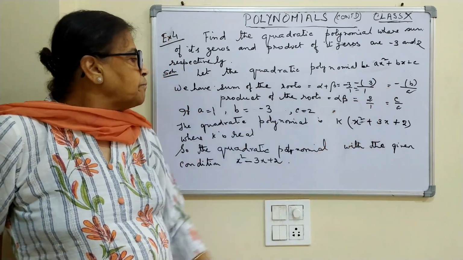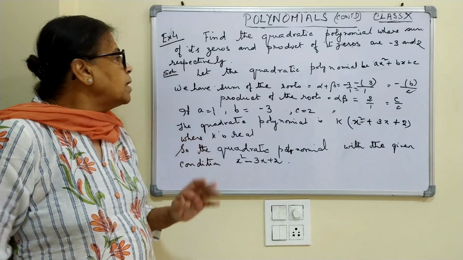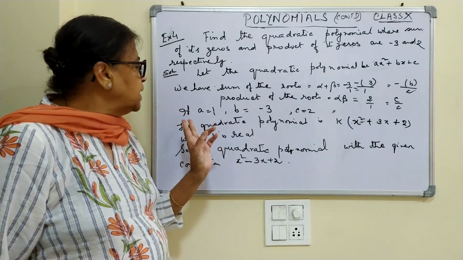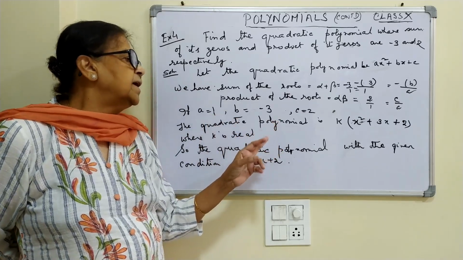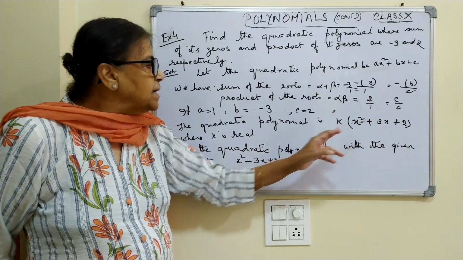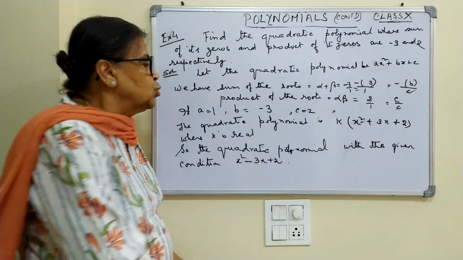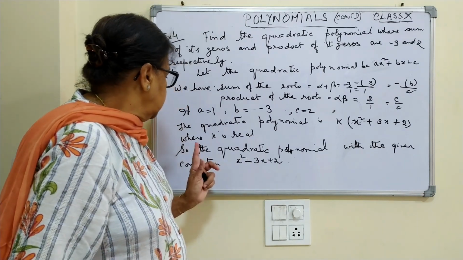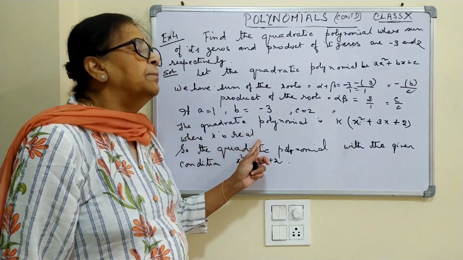Then the quadratic polynomial is k into x square plus 3x plus 2, where k is a real number.